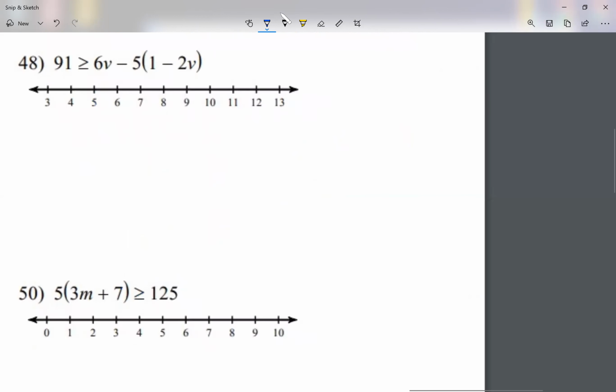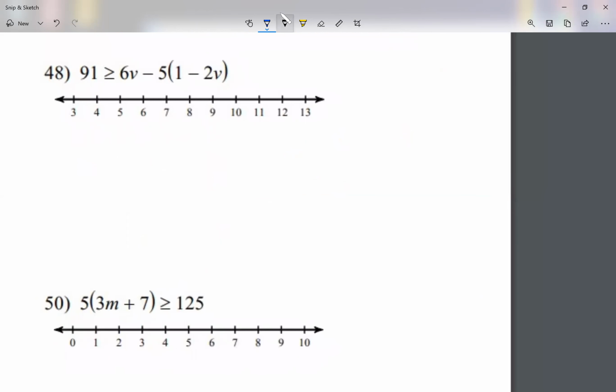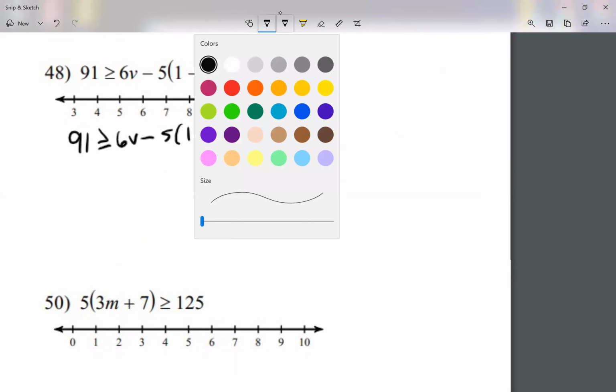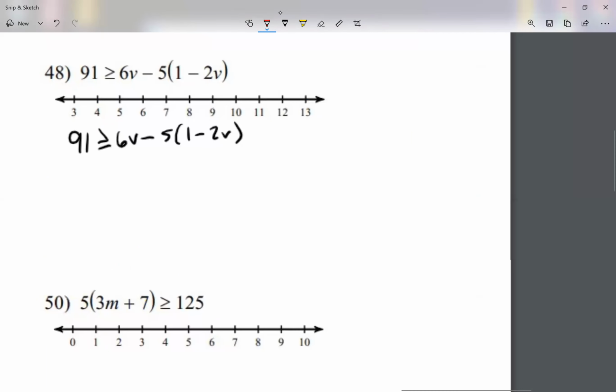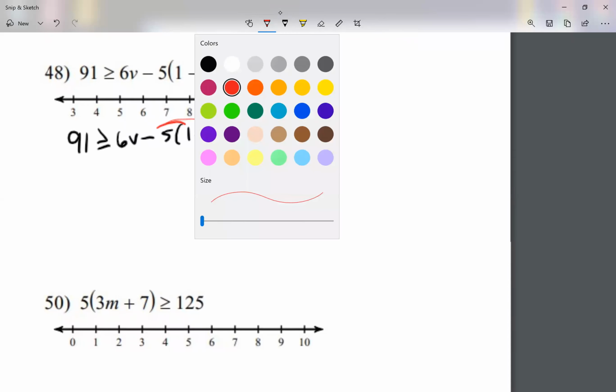Let's take a look at number 48. So gotta get rid of parentheses, right? So let me copy this thing first. So I have 91 is greater or equal to 6v minus 5(1 minus 2v), right? I copy it first. I had to multiply the negative 5 to the inside. Notice I called it negative 5.